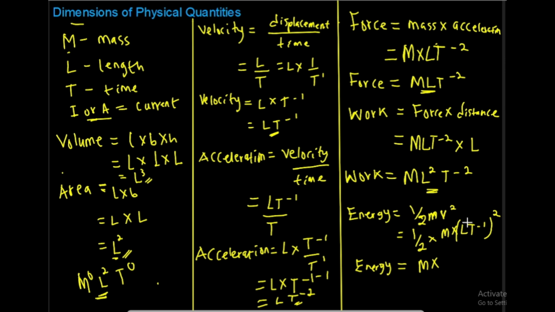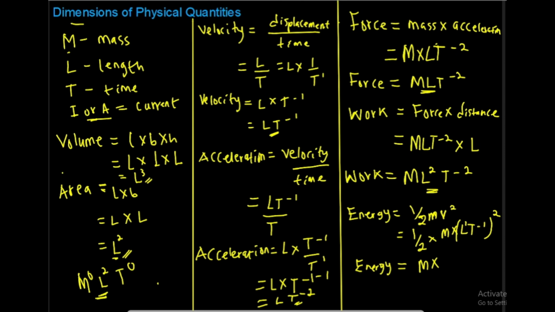times, now whenever we have a case like this, with a power outside the bracket and a power inside the bracket, to expand this we need to use the power inside the bracket to multiply the power outside the bracket. We cannot multiply M, L and T together yet until we open up this bracket. Now T has a power of minus 1, L also has a power here.